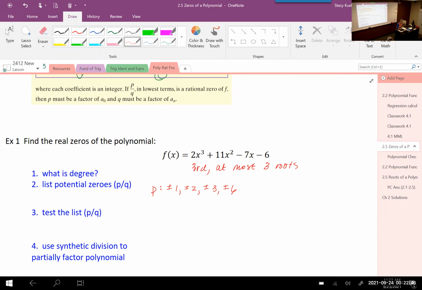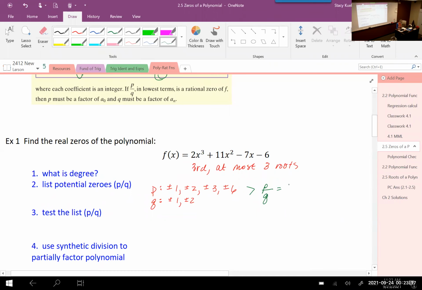Then I'm going to find all the factors of q, plus or minus 1, and plus or minus 2. So first I've got to write out the factors of p and the factors of q. And from that list, I am going to create the list of potential factors, which comes from p over q.